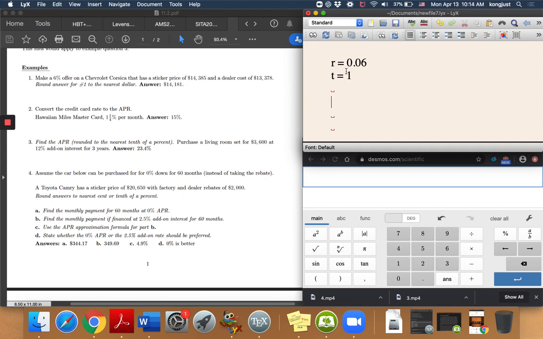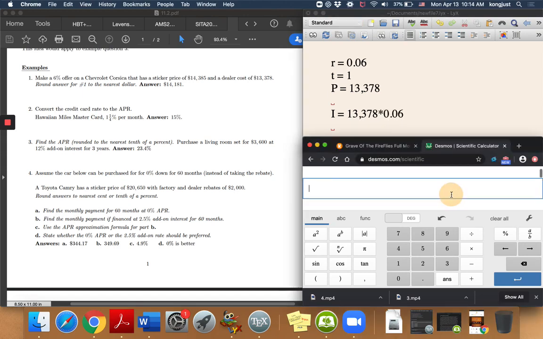So R is 6%, T is 1. Our P is the value that we're starting with, the principal, 13,378. And so all you do is say, okay, the interest I pay is going to be 13,378. I can ignore that 1, let's just multiply by 1, so times 0.06. And see what I get.